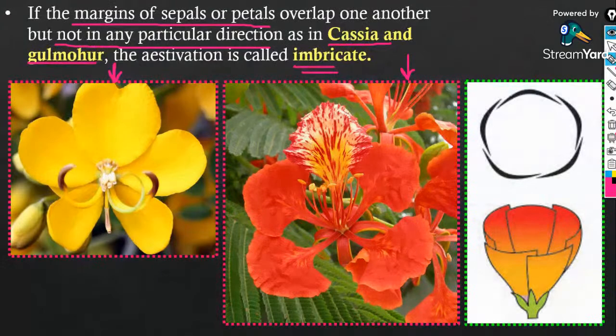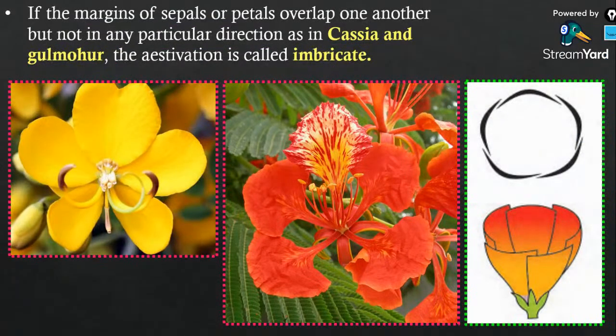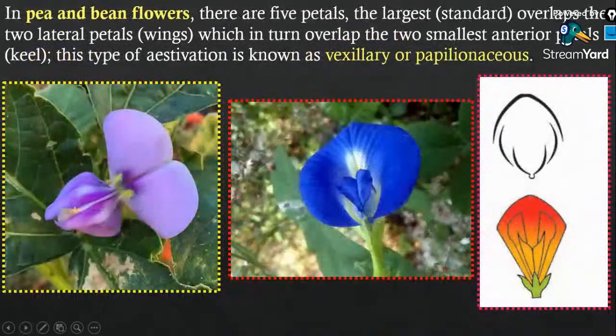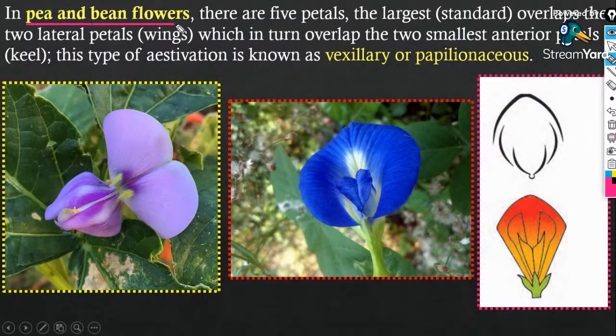Next, we have one more aestivation to study, that is vexillary aestivation. In pea and bean flowers, there are 5 petals, and one of the petals would be large.